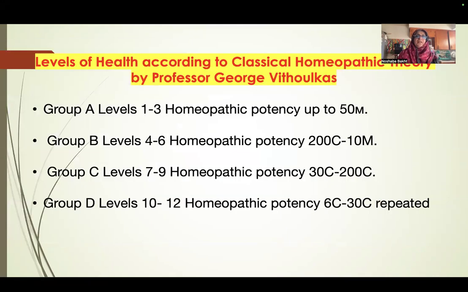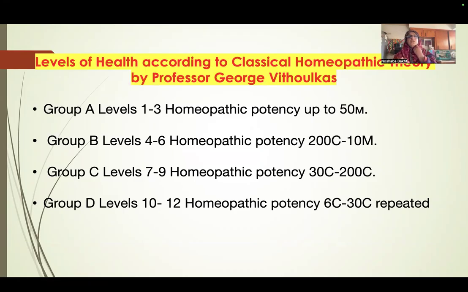So, the ideal, rapid, and gentle cure is the second aphorism. Then we talked about the levels of health according to classical homeopathy and Professor Vithoulkas. Remember, we said there are 12 levels grouped in four. So each group has three levels, right?